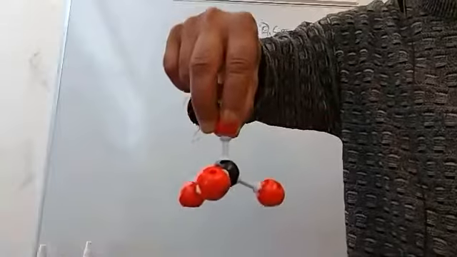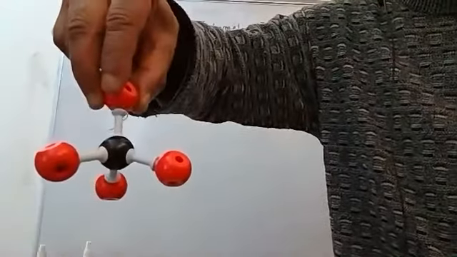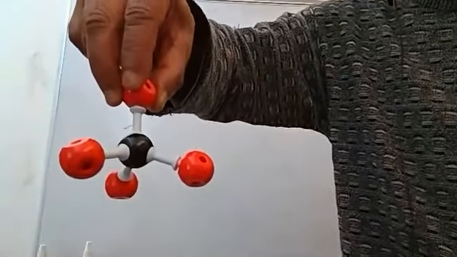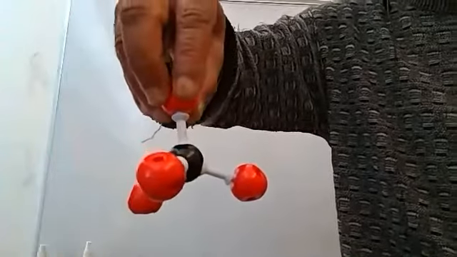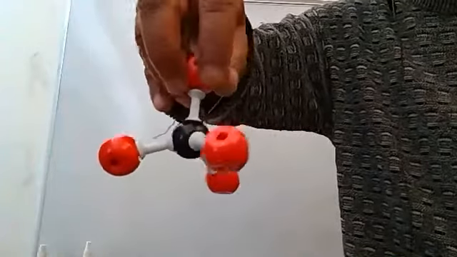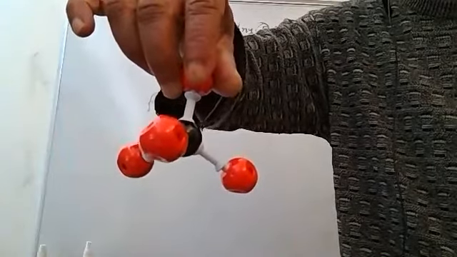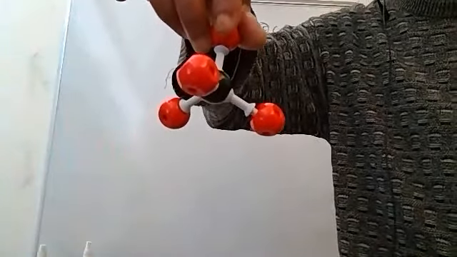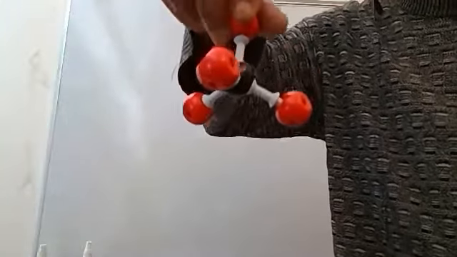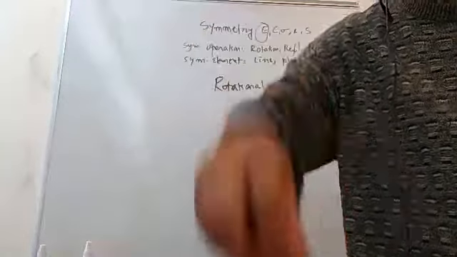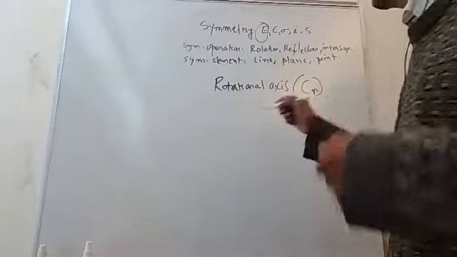This is a tetrahedral molecule. As you can see, there's a stem. If I rotate by 120 degrees along the CH bond, it looks similar. So can we say it has a C3? So it has a C3.